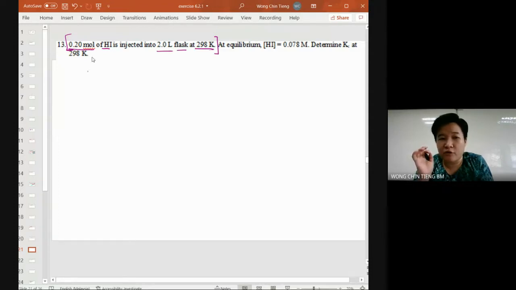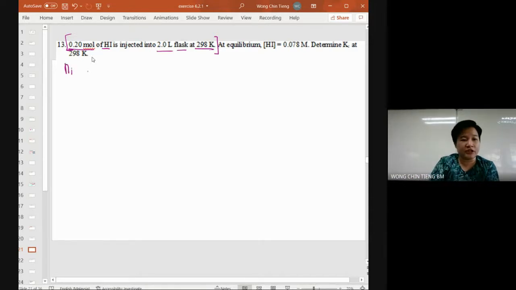Bermakna number of mole 0.2 ni sekarang initial atau equilibrium? Initial, betul? We started with this much. Number of mole initial HI equals to 0.2 mole. Volume given 2 liter. Temperature given 298 Kelvin.